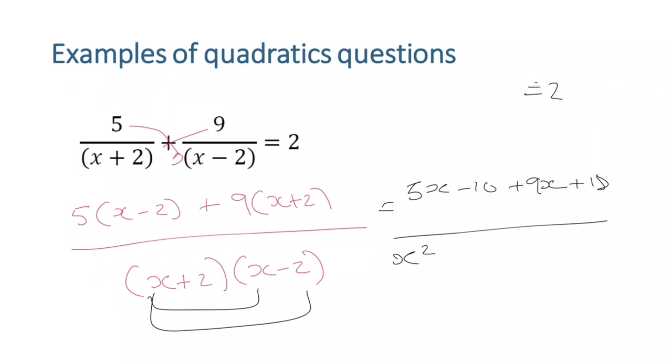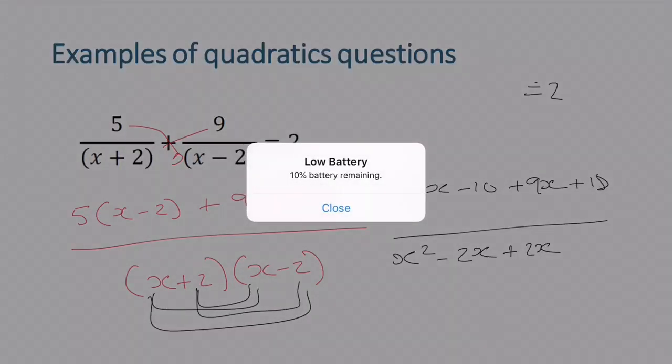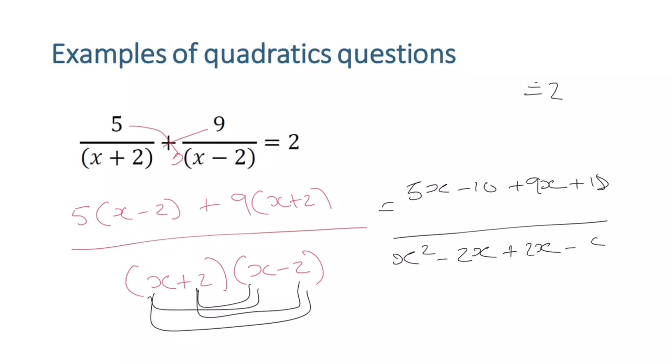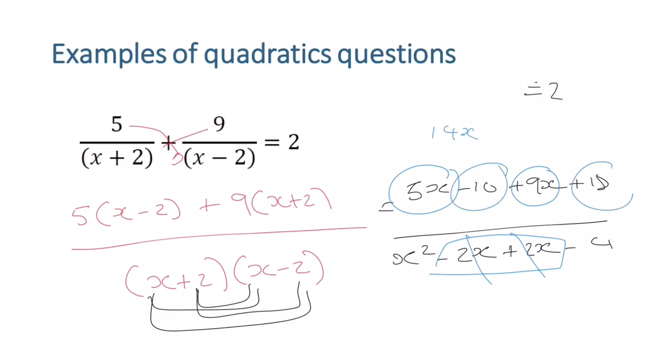X times minus 2 is minus 2x. 2 times x is plus 2x. 2 times minus 2 is minus 4. Now you got minus 2x plus 2x, this cancels out. You got 5x, you got 9x, that equals 14x. You got minus 10 and plus 18, which equals plus 8. 18 minus 10 is 8.